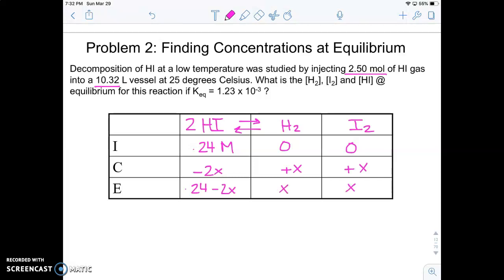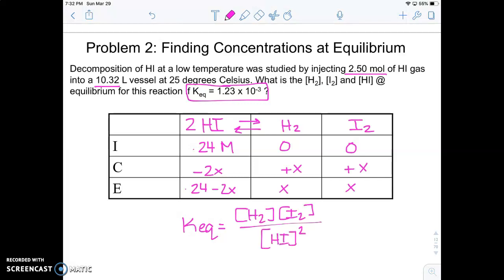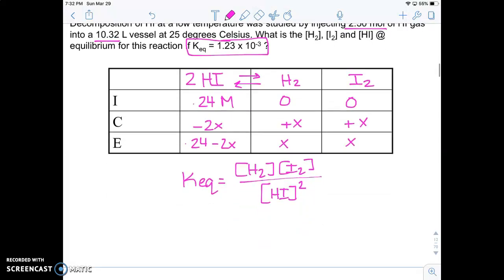Okay. All right, so this problem again is a little different because they're giving me KEQ. They're asking me to find concentration. So right now I can't solve for X because I don't know what it is. I have to think about my KEQ. I have to do my products over my reactant, okay? And I have to literally plug in what they're giving me.